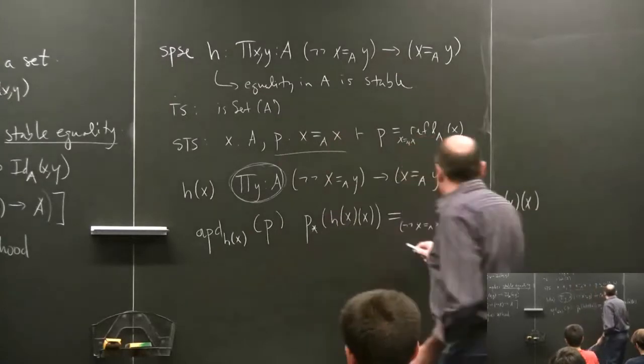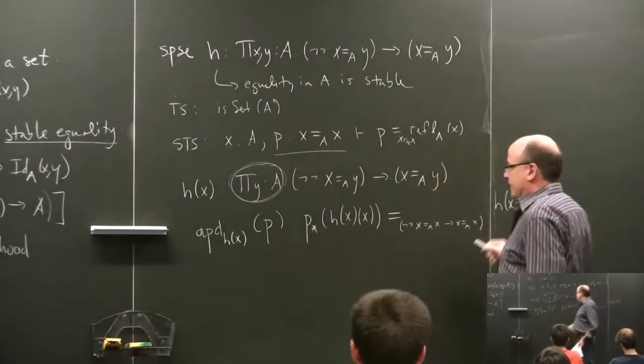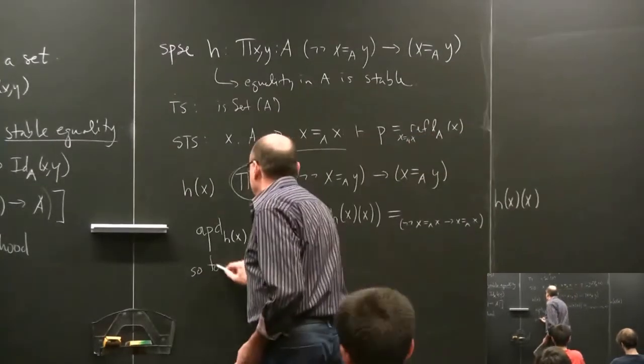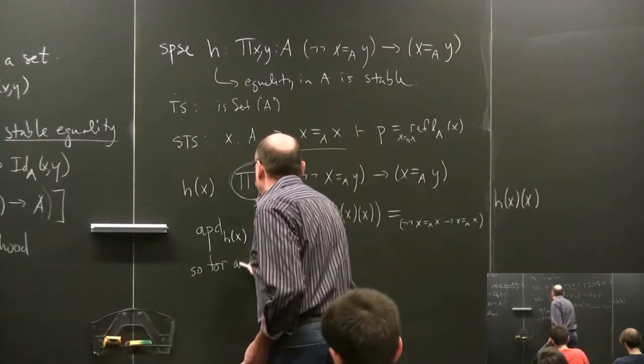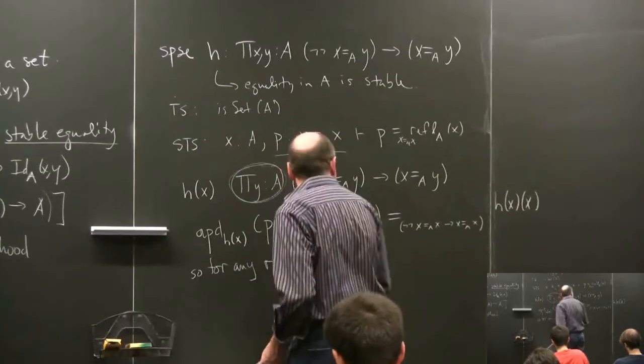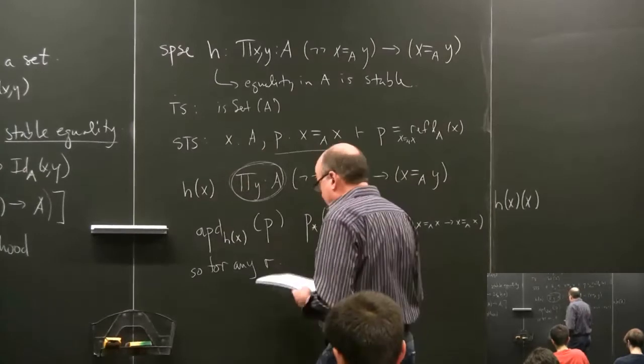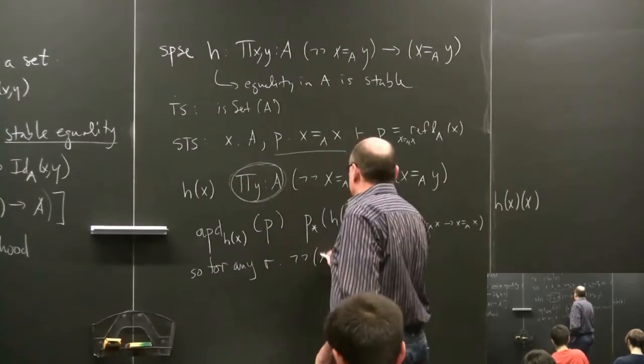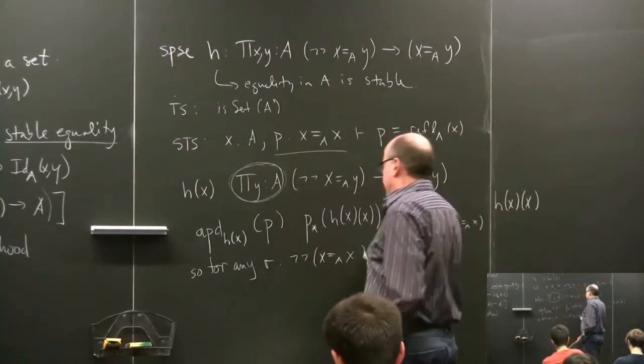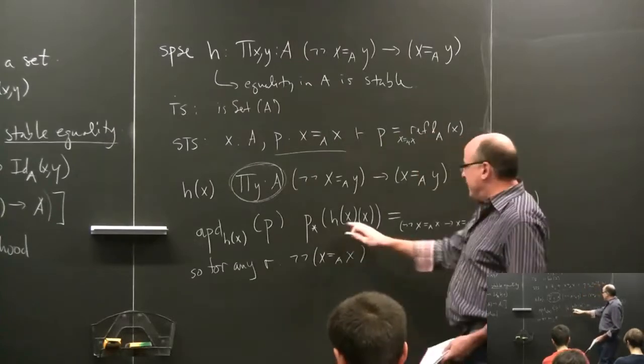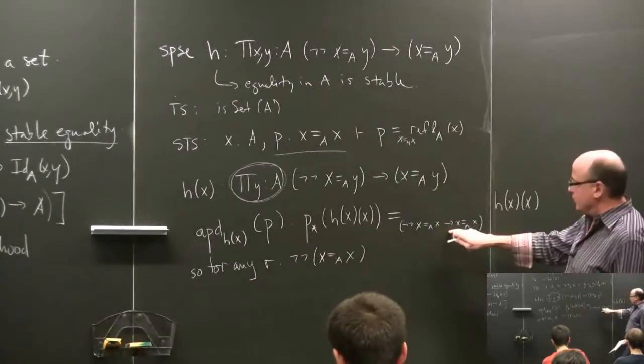So this is in a function space. So we know that for any r, which is in, remember, a function space, because the negation is a function space, but we'll get to that. Right now, we're in a function. That arrow is what I'm considering.